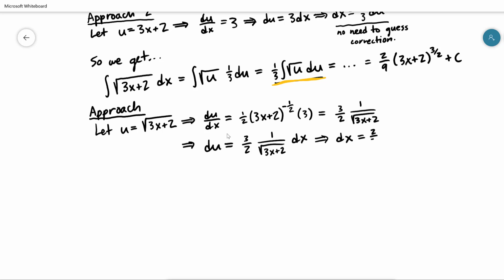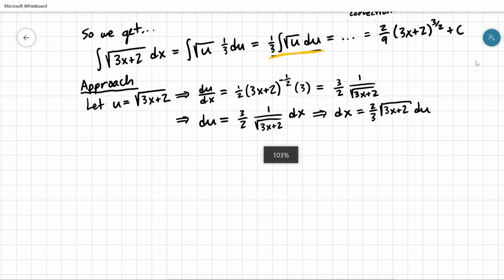So we'll get 2/3 square root of 3x plus 2 times du. So again, I solve for this by multiplying both sides by the reciprocal of this. This right here is just the reciprocal of this. And so we found out what dx looks like exactly.